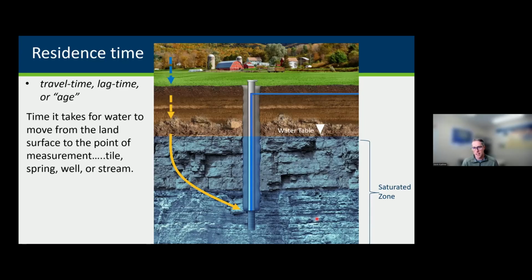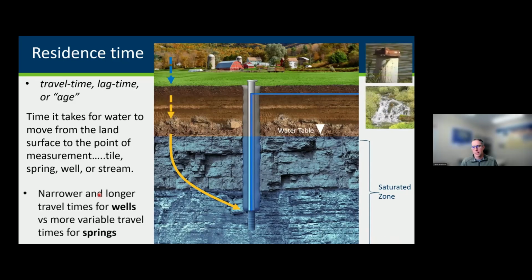In this particular case, we're demonstrating a drinking water well and the pathway that water may take. It's important to also notice that there are going to be differences, of course, between how water moves to a well versus a spring. Generally speaking, we find much narrower, longer travel times for wells versus springs, which could be much more variable.